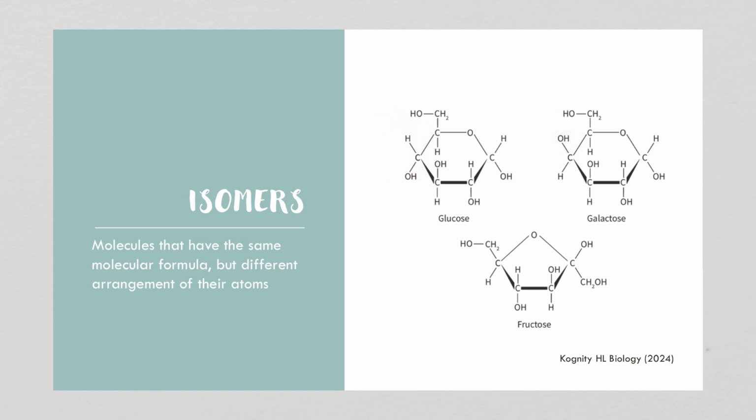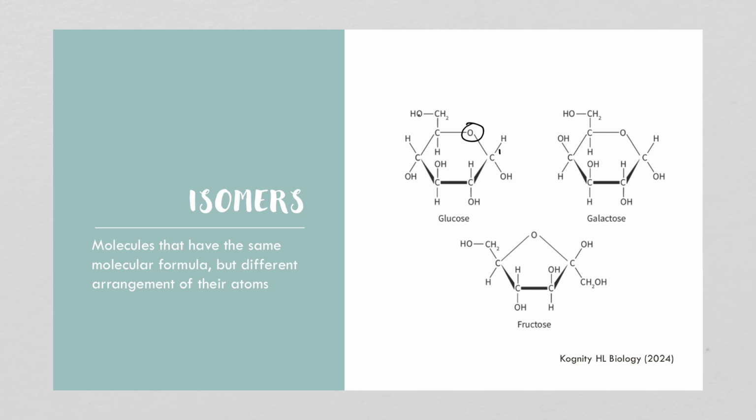Now, there's an interesting thing about carbohydrates. When we name these molecules, or we refer to what carbon the hydroxyls are bonded to, we always number the carbons. We start clockwise just to the right of the oxygen that's in the ring.